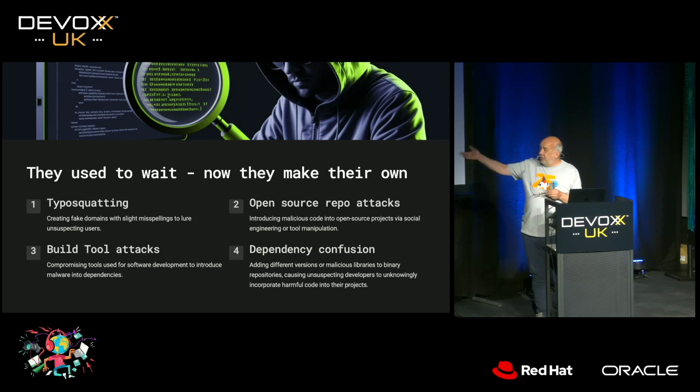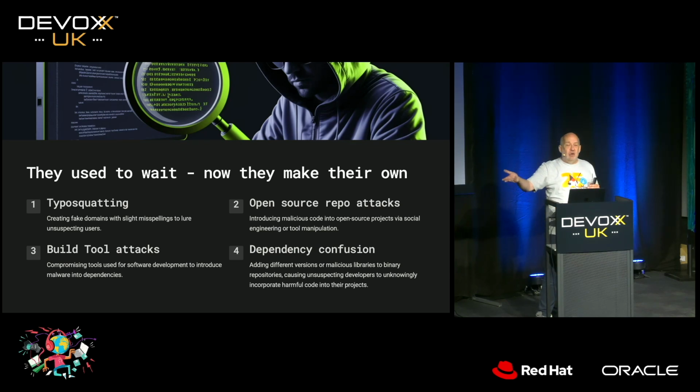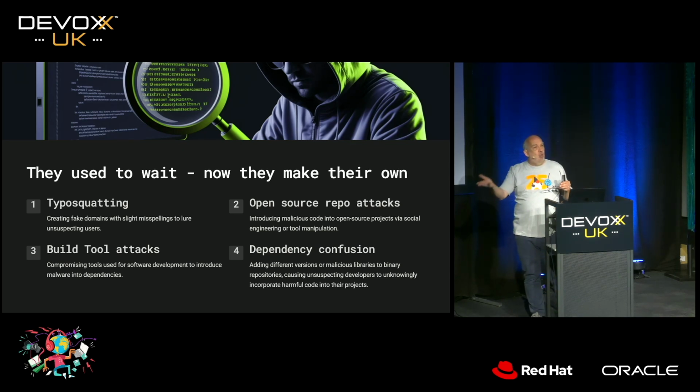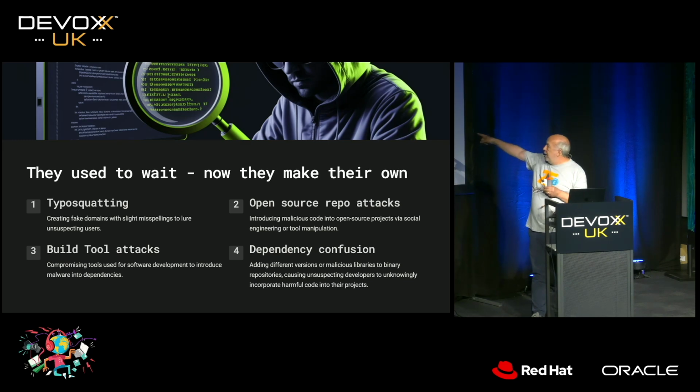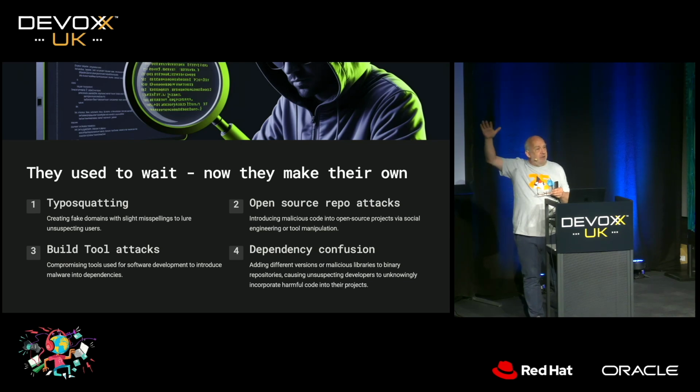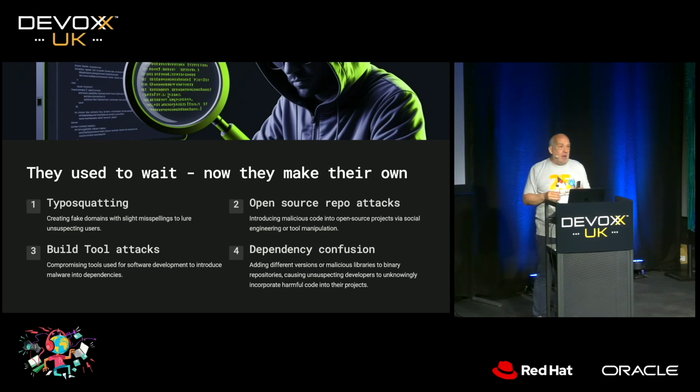Right? Build tool attacks. So Jenkins, your GitHub Actions, they're all vulnerable. And also the open source repos, the things that make up the code that's part of the bottom of the iceberg. They have always been under attack. Now the AI guys are coming up with new ways to use that.